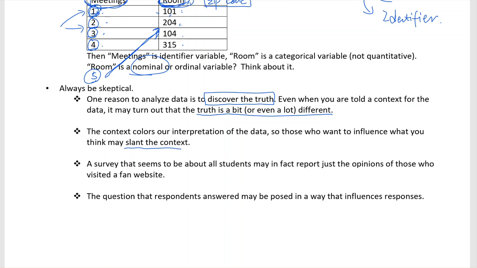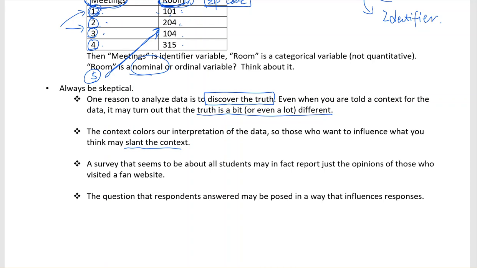Next, a survey that seems to be about all students may in fact report just the opinions of those who visit a fan website. What does that mean? You need to make the survey representative of the whole population. You cannot just survey the group who are interested in this survey.